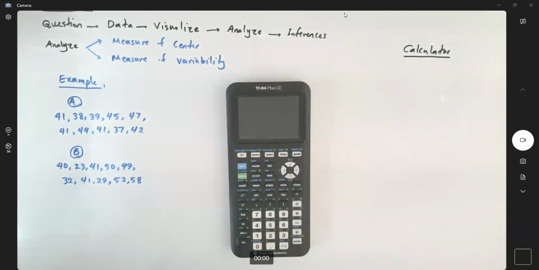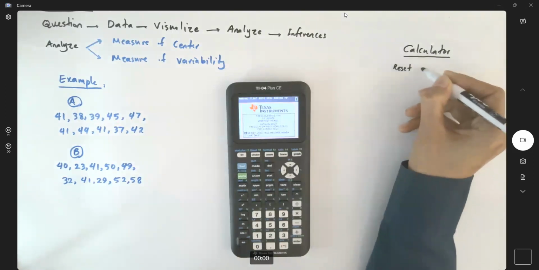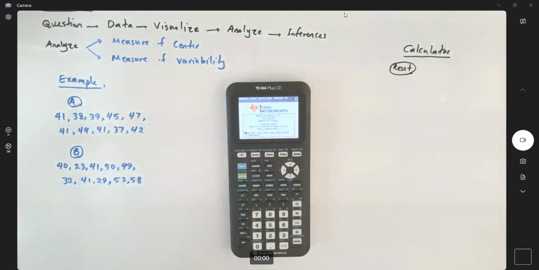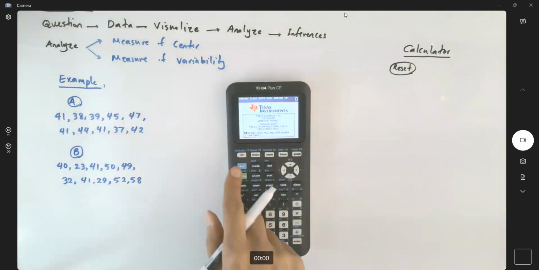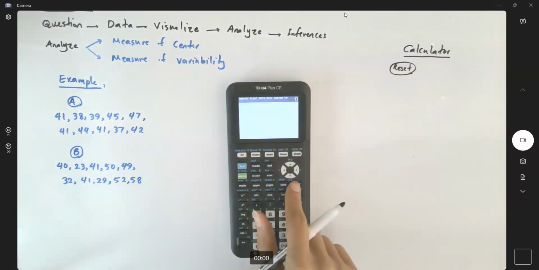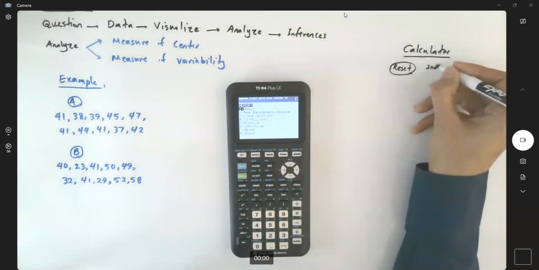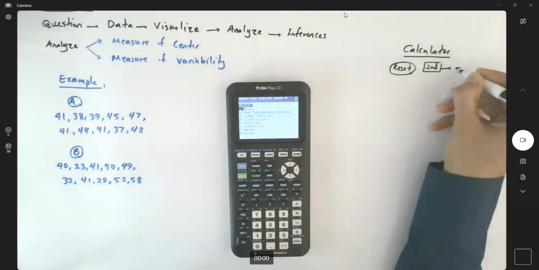So first of all, if you have a calculator that you rented from your friends, please make sure to reset your calculator. To reset your calculator, click on second plus.